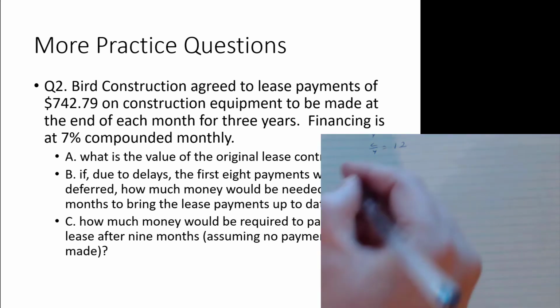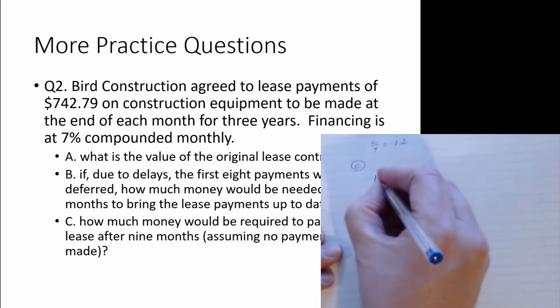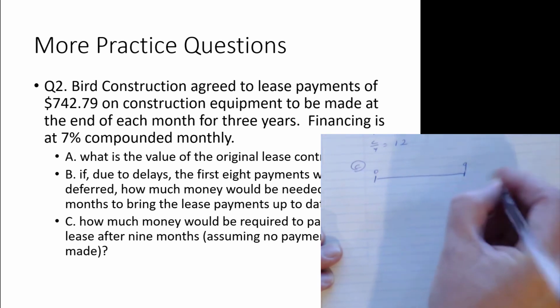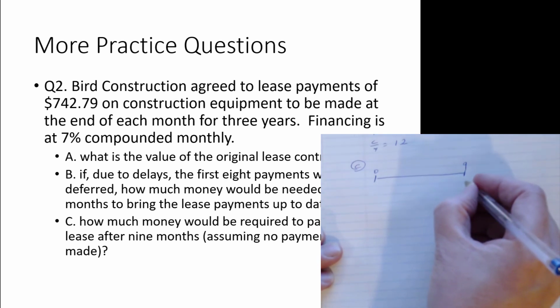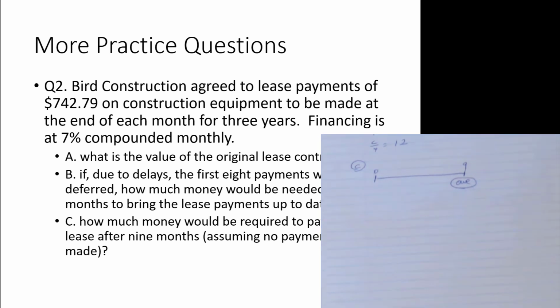Okay, so now we start thinking, let's sketch it out. So start off at 0, go up to month 9. No payments were made. And so we want to find out how much we owe at that month 9. And we go, well, let's see, how much did we borrow?